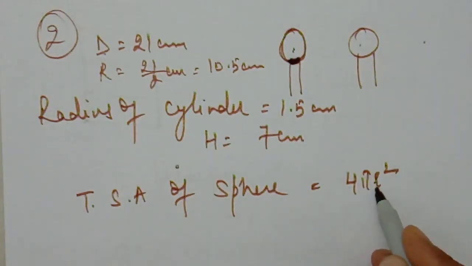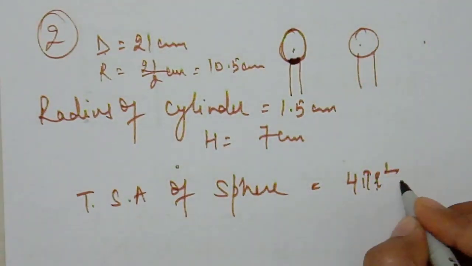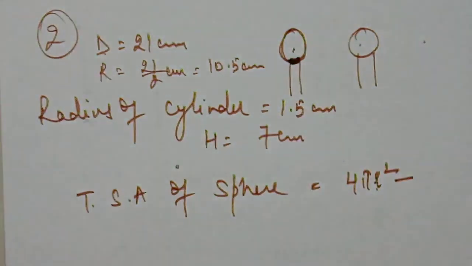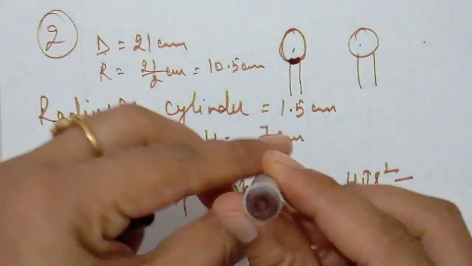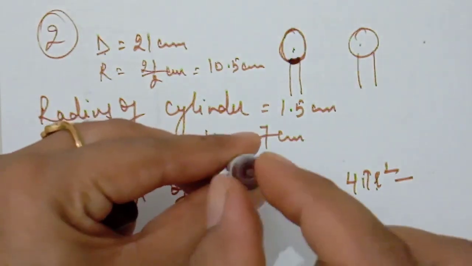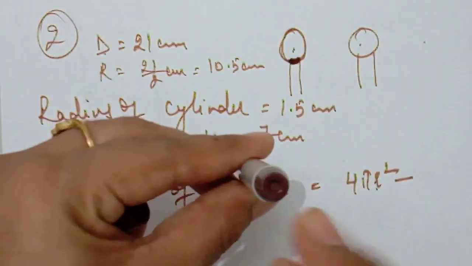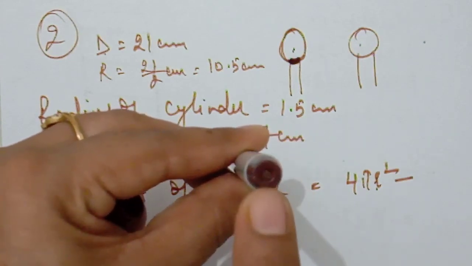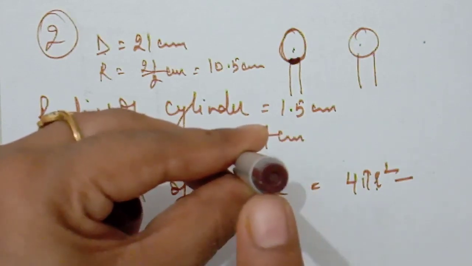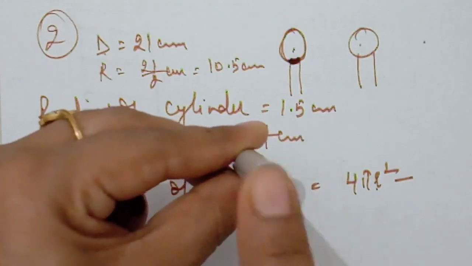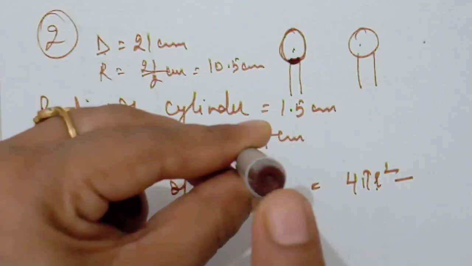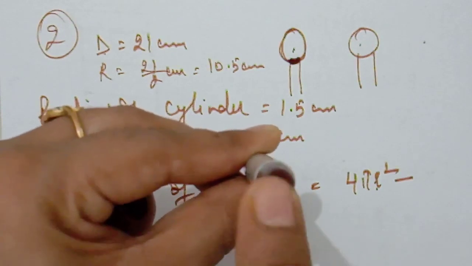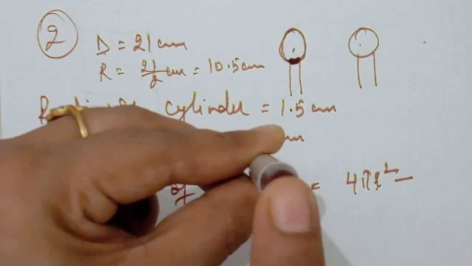When we have a pillar like this, and we put a sphere on it, this pillar covers only this part. This is the circular base of the cylinder, so we have to subtract this pi r square, with the radius of this cylinder, from the total area of the sphere.